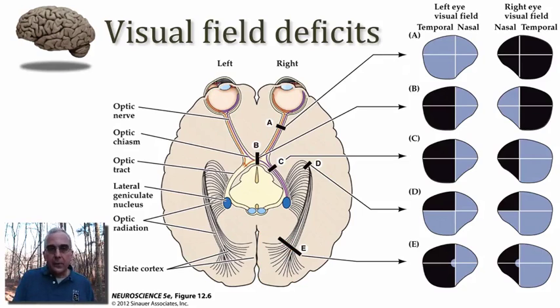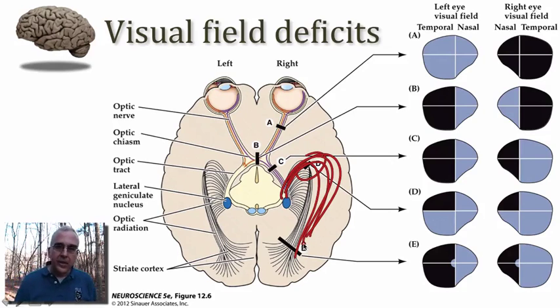So let's complete our analysis of this figure by considering lesion D. Now, lesion D is taken to affect the axons of Meyer's loop. And as you recall, the axons that are growing out to contribute the inferior portion of the optic radiation have to loop around the temporal horn of the lateral ventricle.